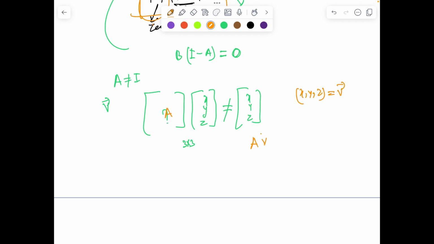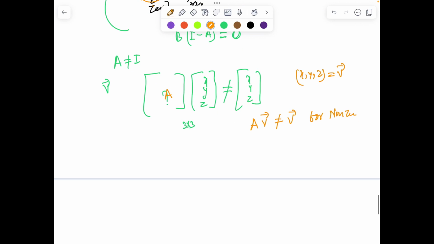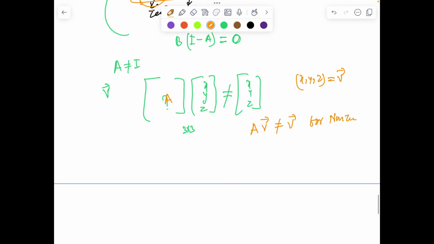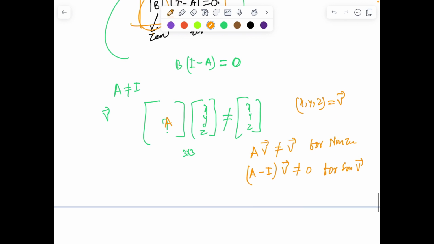So I am calling this x, y, z as vector B, suppose. So I know AB is not B for some non-zero B, right? So now what I can tell is A minus I times B is non-zero, right, for some B vector.